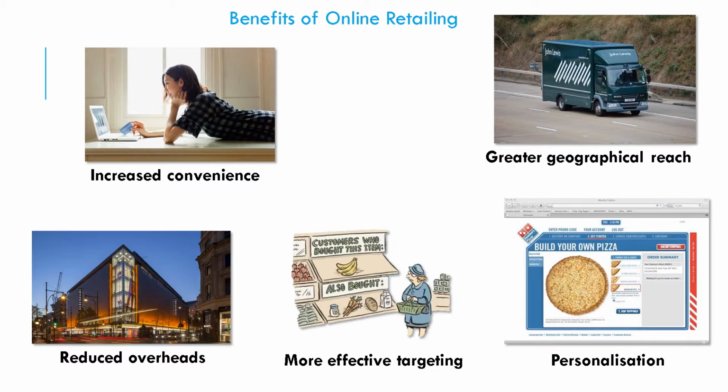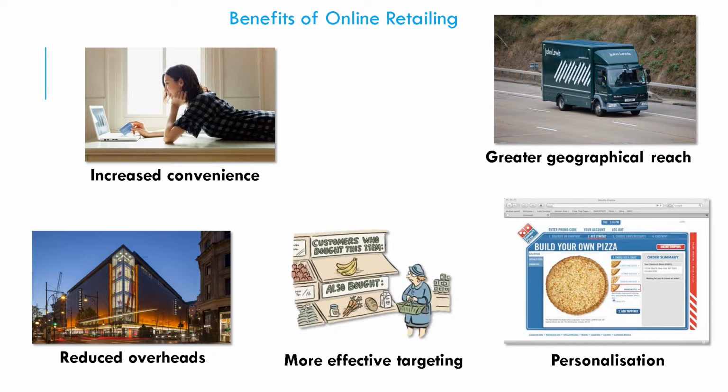So with pure play retailers that only trade online, there's no need for bricks and mortar stores, and for those organisations they have significantly reduced overheads as a result of not needing to buy these large bricks and mortar stores like that Debenhams store there on Oxford Street.